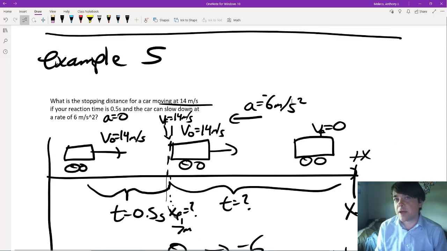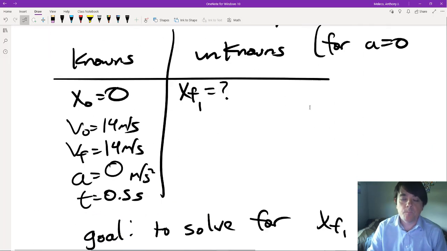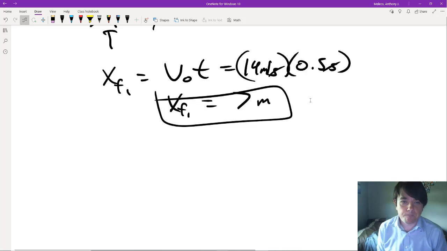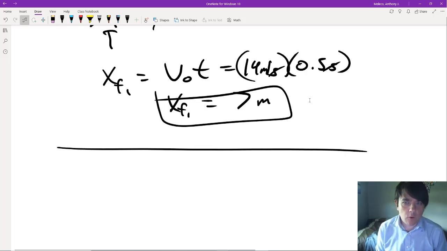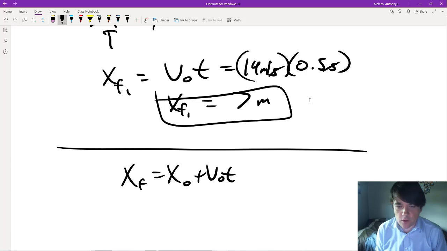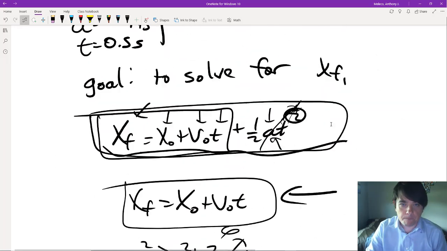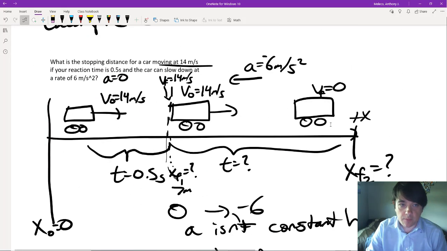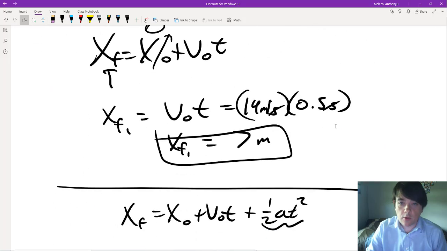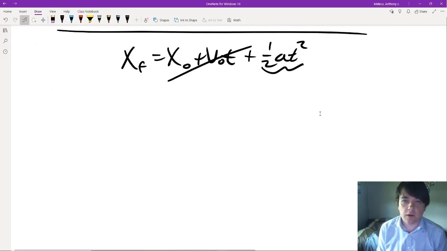The advantage to the other method is that anytime you define your starting position as 0, you get to cancel another part of the problem, right? So we need x final, and there is an acceleration in this instance. So if we were using this formula right here, we would have to deal with this because this would be a value. We don't know the time though. Yes. So we can't use this, we don't know time.